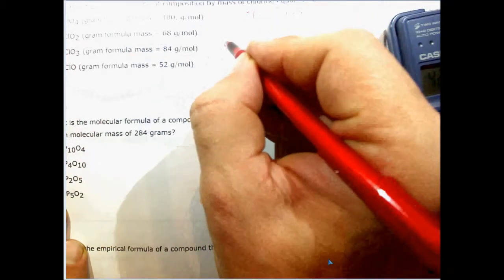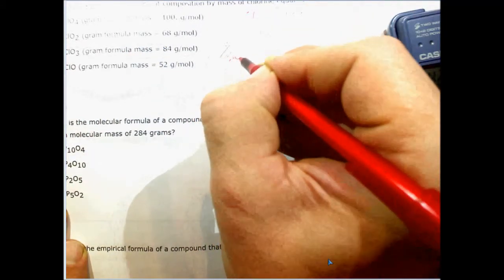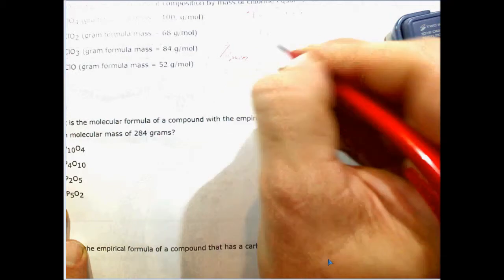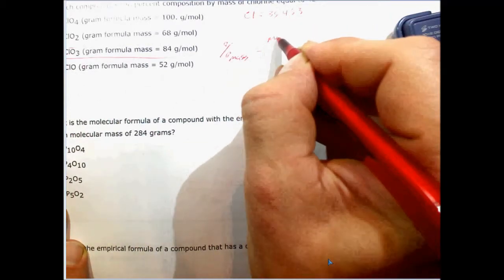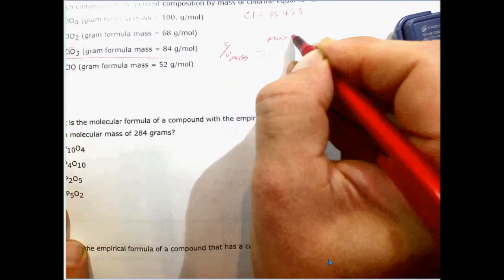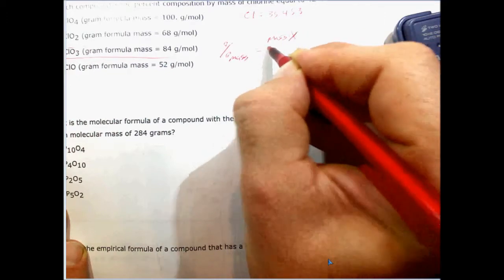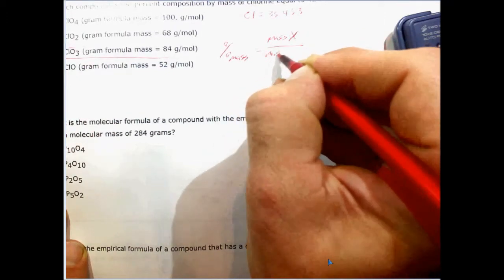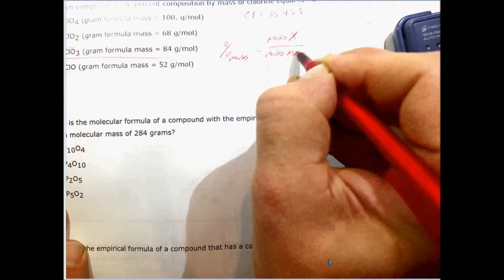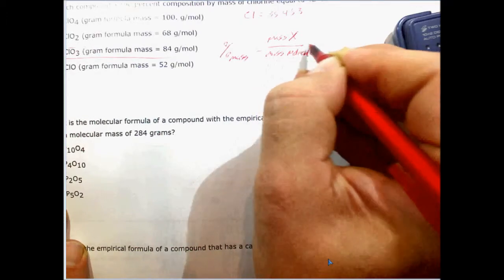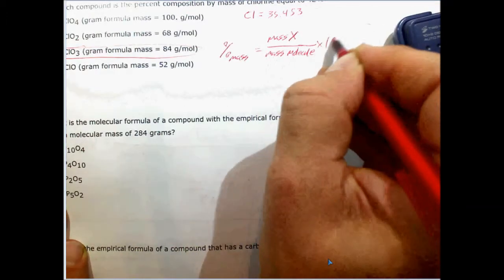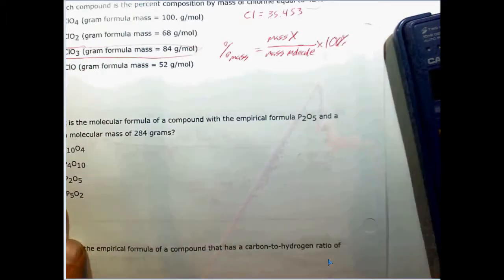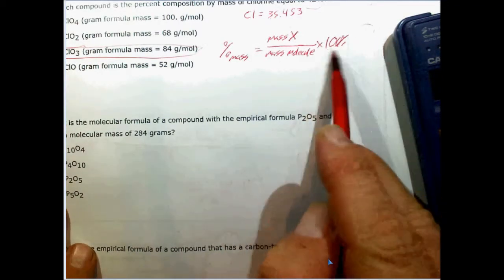Remember that percent composition by mass is just equal to the mass of the element, X, whatever it is, over the mass of the molecule, or the whole formula, times 100%. If you're like me, you'd multiply by 100% in your head.